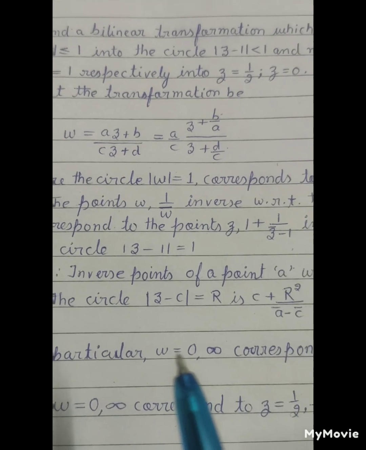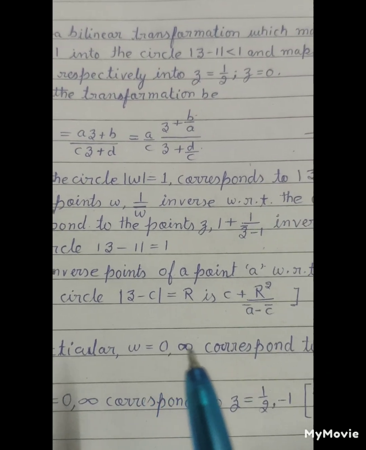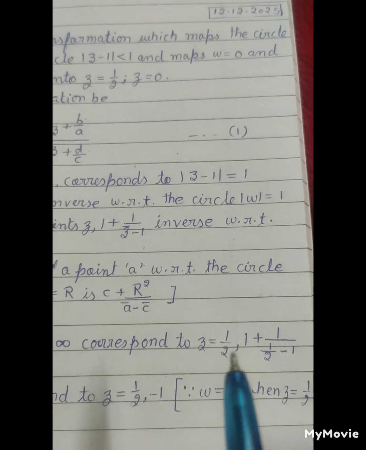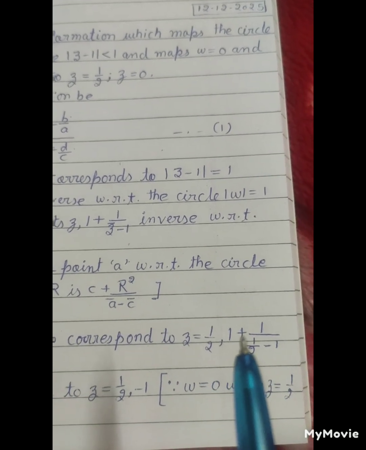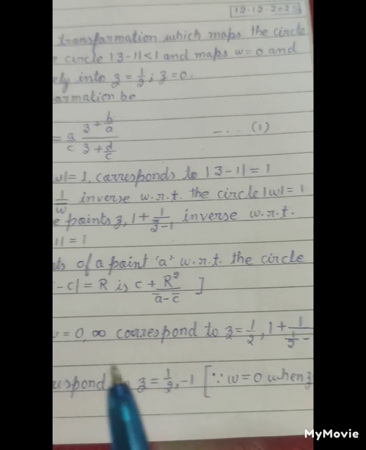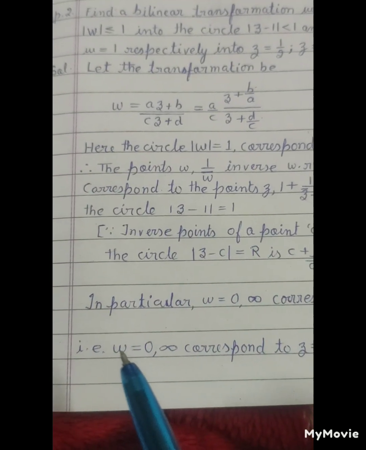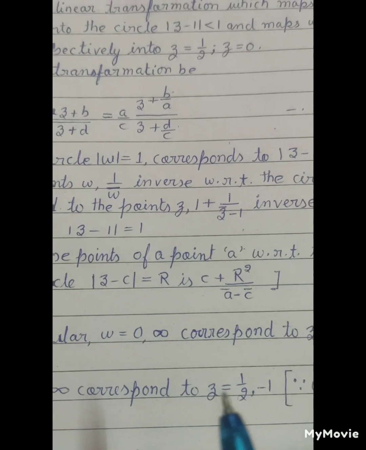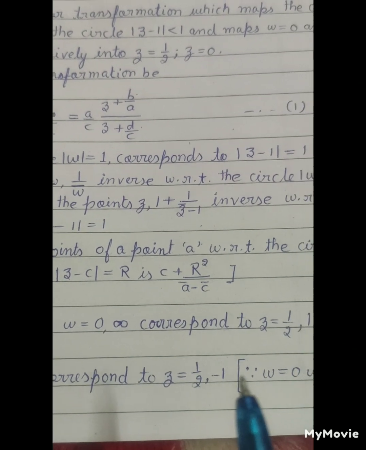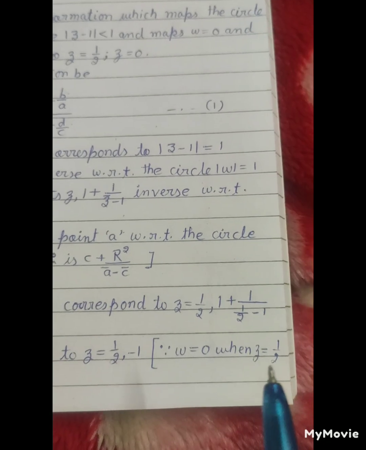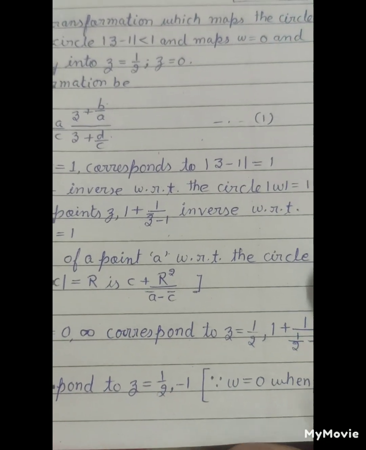In particular, w equals 0 and infinity correspond to z equals 1 upon 2 and 1 plus 1 upon 1 upon 2 minus 1, that is, w equals 0 or infinity correspond to z equals 1 upon 2 and minus 1, because w equals 0 when z equals 1 upon 2.